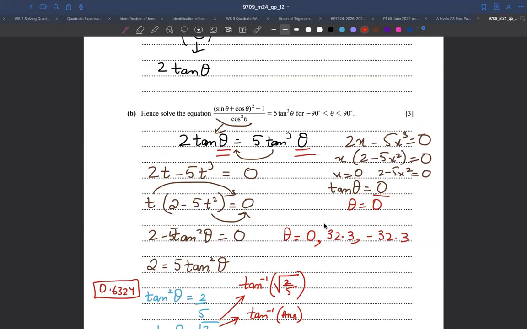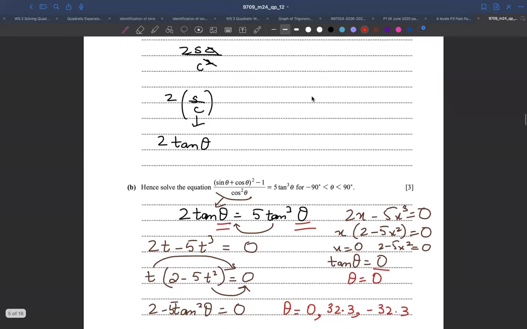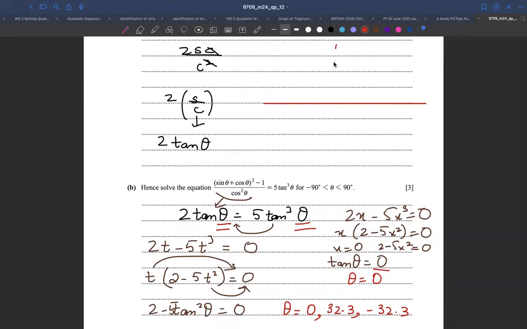So in your exam, once you have these values of theta, make sure to confirm them by putting them back into the original equation. However, I just want to make one thing over here for your understanding. We did tan graphs today. And I told you, this is how the graph is, right?